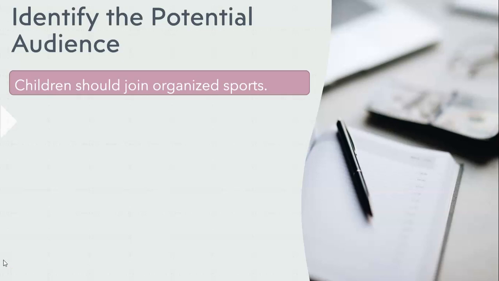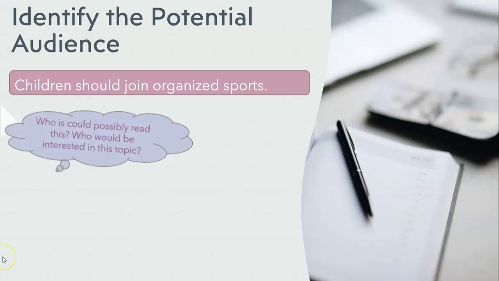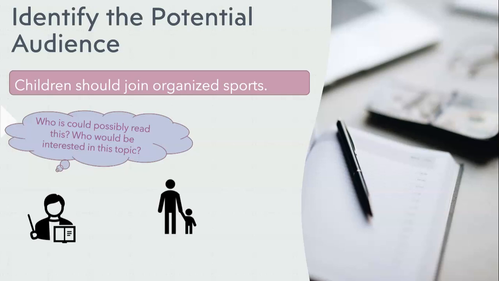Children should join organized sports. Now, who might read or be concerned with this topic? So we think to ourselves, who could possibly read this? Who would be interested in this topic? Teachers might be interested. Parents might be interested. Doctors might be interested in this. And definitely the other children might be interested in this. Right, so that's the first step: identify all the potential audiences.